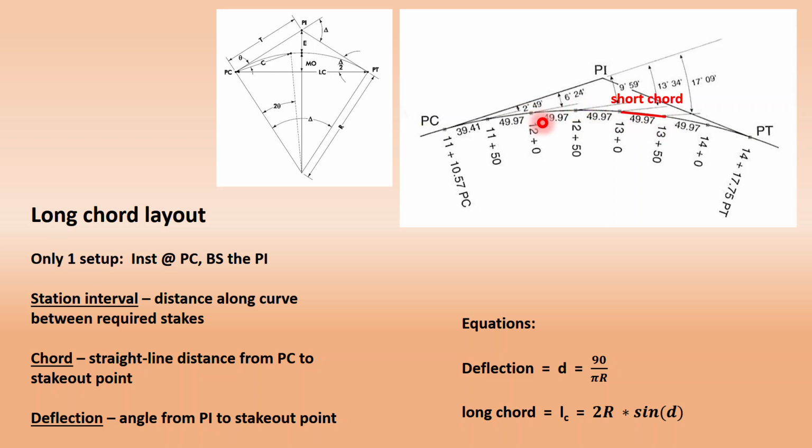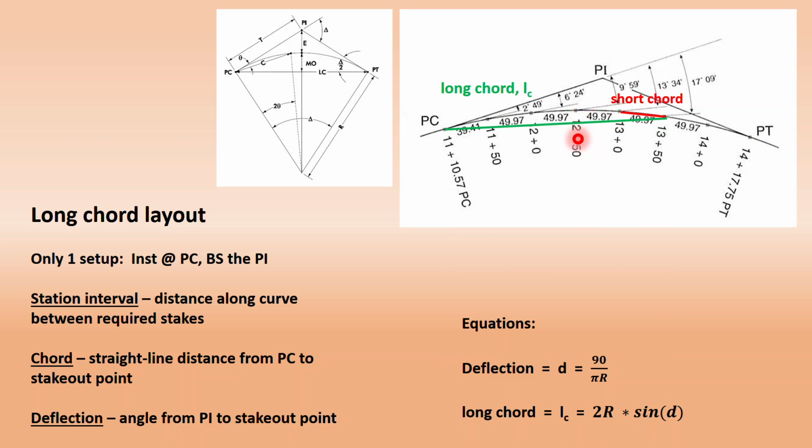So as they're showing in this diagram from the textbook, to establish 50-foot arc lengths stationing along this curve, right? Station 12 plus 50 up here to station 13 plus 00, it has a 49.97 foot straight line short chord distance.